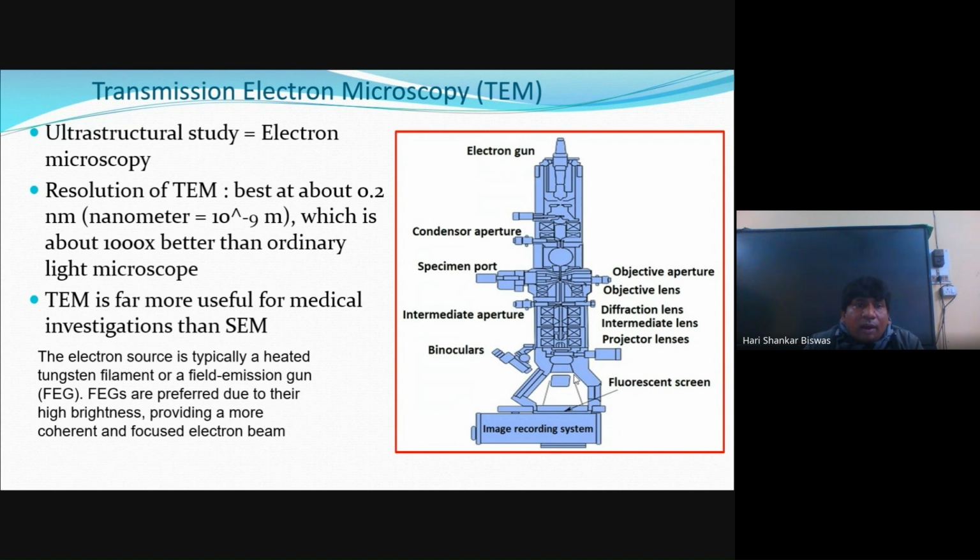So TEM is far more useful for medical investigation than SEM also. We will discuss the SEM. The electron source is typically a heated tungsten filament or a field emission gun. Field emission guns are preferred due to their high brightness, providing a more coherent and focused electron beam. So this is the overall instrumental scenario.